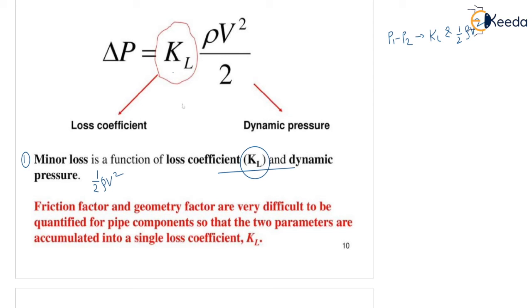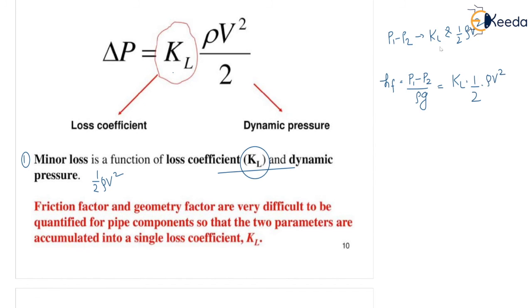Now if you want to write HF, head loss, what is HF actually? P1 minus P2 by rho G, correct? So KL is already there. In this equation you have to divide throughout by rho G. So half is there, rho V square.